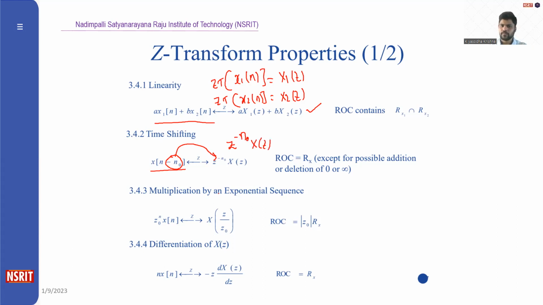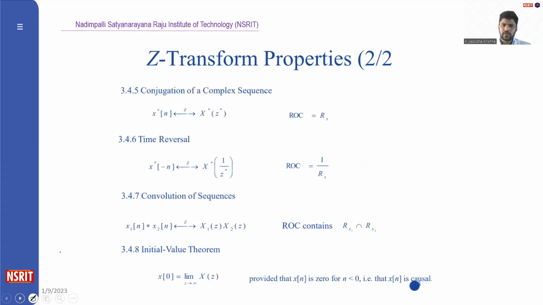Next class we will see one or two property proofs and try to solve them. Then multiplication by an exponential sequence, differentiation of X of z, and the conjugate property: x star of n corresponds to X star of z star. Then time reversal and convolution: convolution in one domain is multiplication in the other.